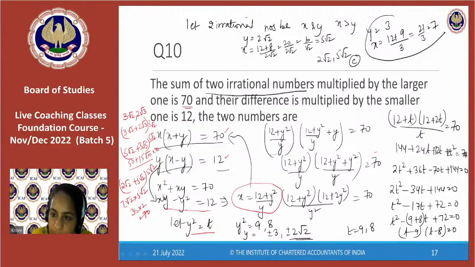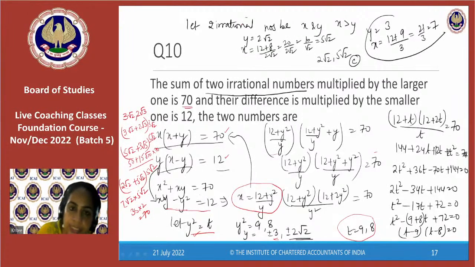I am solving it, taking everything on one side like a normal quadratic equation. I get the value for T. These values of T are then taken for Y square. But for Y square, we need to substitute it with an irrational number. So 3 being a rational number, 2 root 2 is taken as the irrational number.